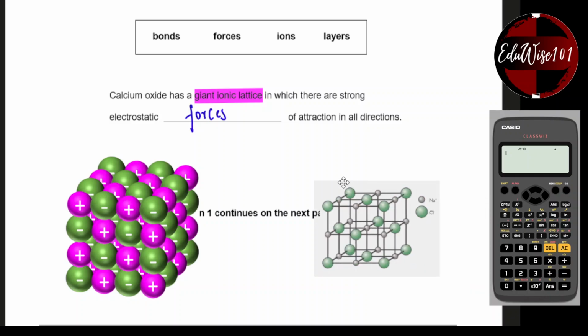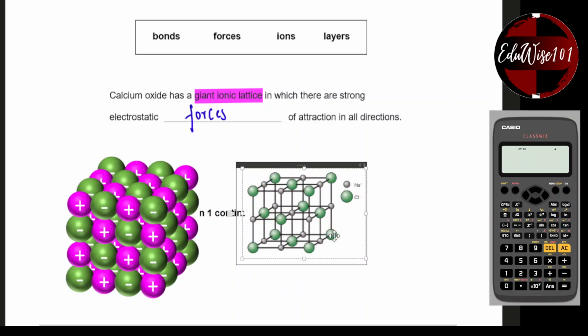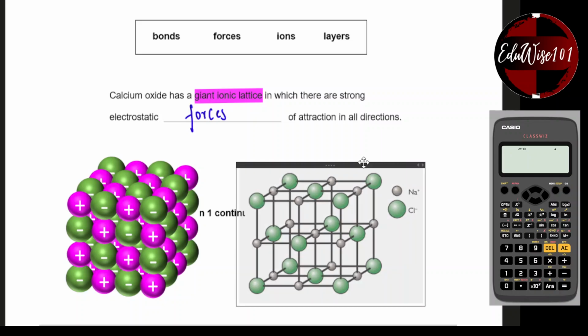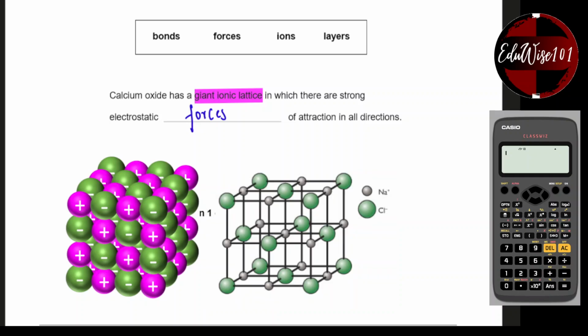Here's a structure of sodium chloride showing a giant lattice structure. It is also worthwhile to revise giant covalent structures like in diamond and graphite.